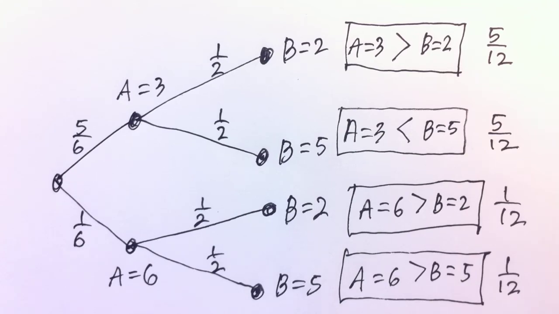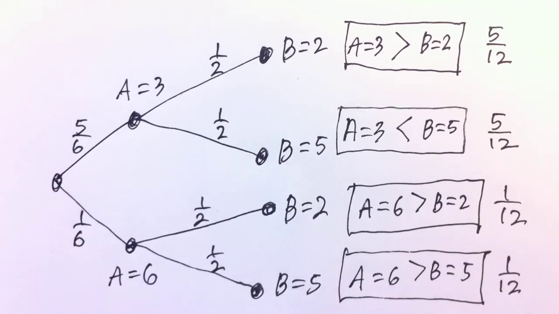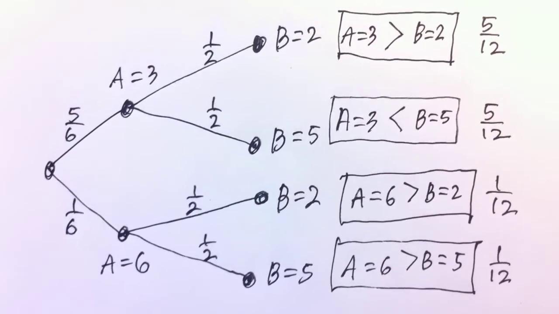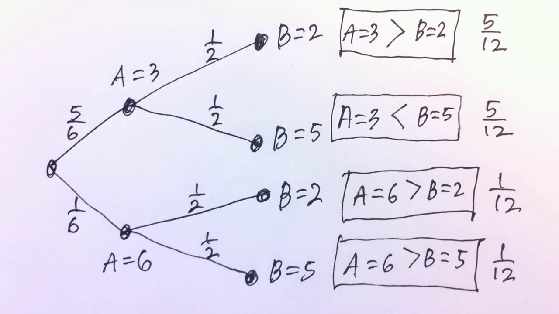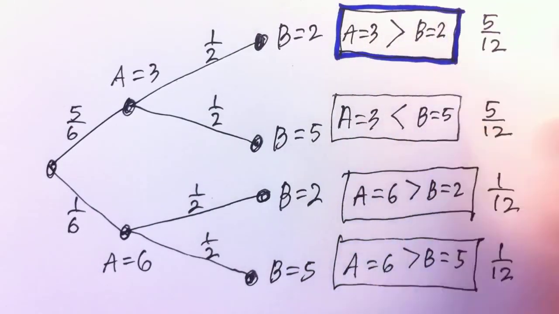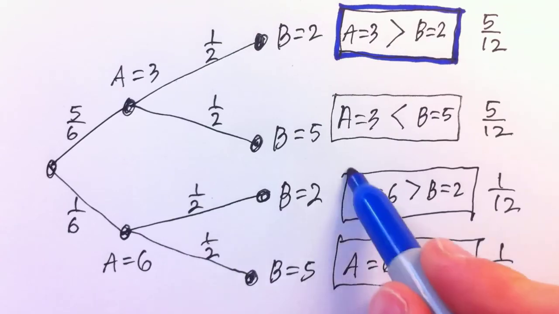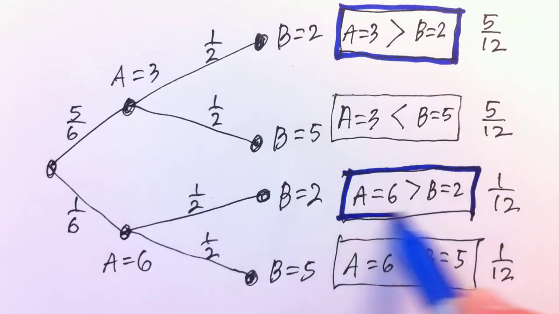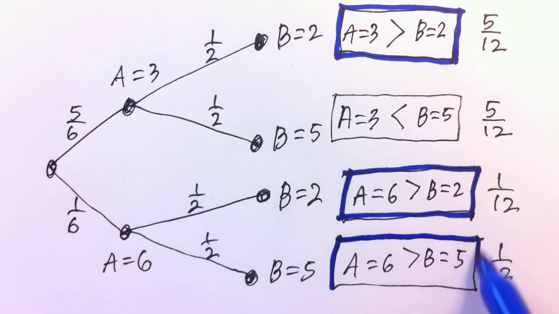Now let me highlight those that correspond to the case that we're interested in, and that is the probability that A is greater than B. That would include this event right here, this event, and this event.